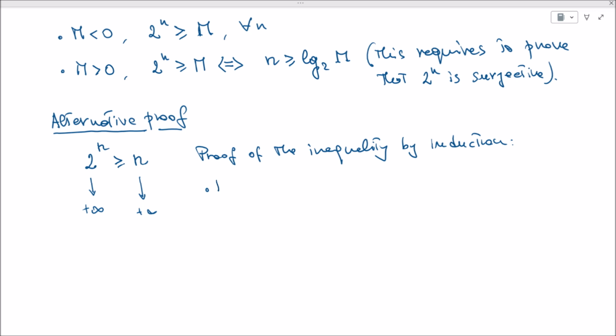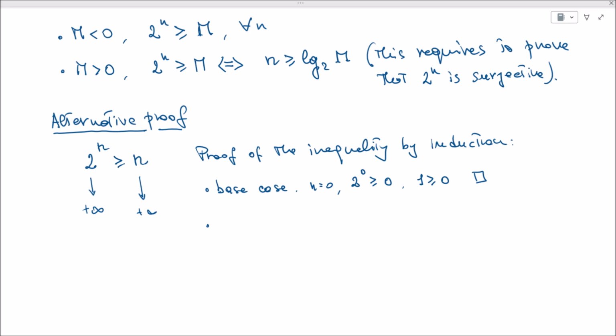So the base case: for n equals 0, we should prove that 2 to the 0 is larger than or equal to 0. But of course, this is just like saying that 1 is larger than or equal to 0. So yes, this is proved. Okay, done.